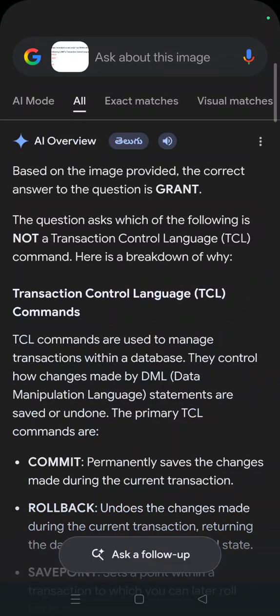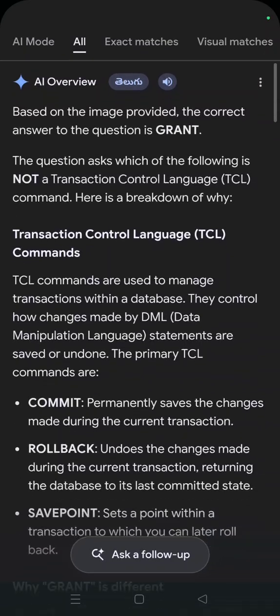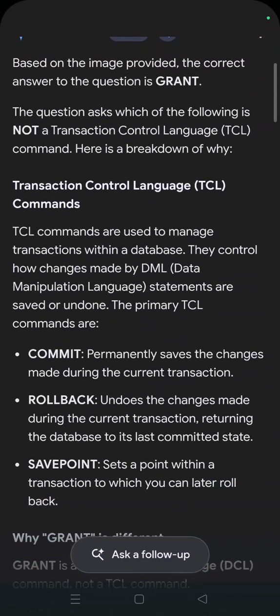Based on the image, the answer is Grant. The question asks which of the following is not a transactional control language TCL command. Here is a breakdown of the transactional control language TCL commands. TCL commands are used to manage transactions within a database. They control how changes made by DML, data manipulation language, statements are saved or undone.